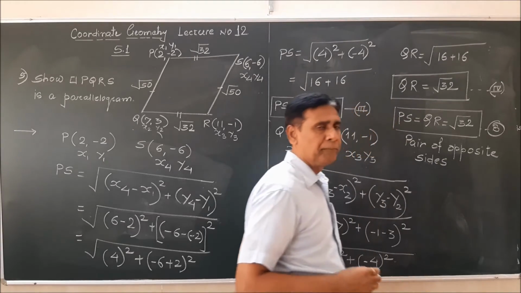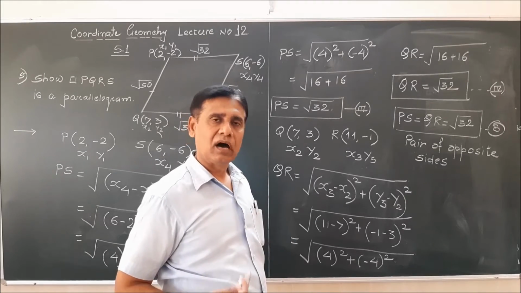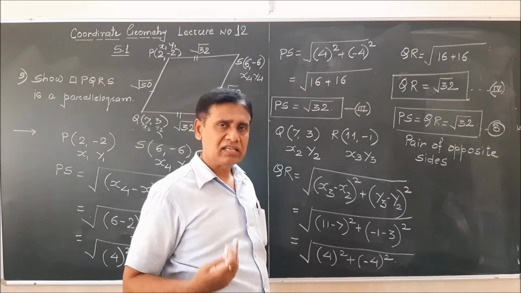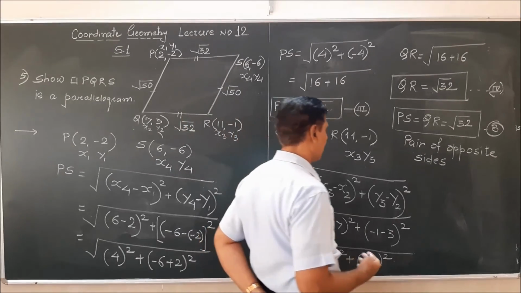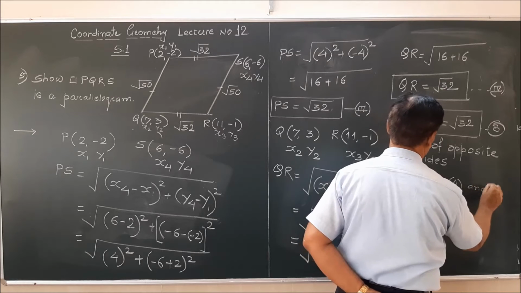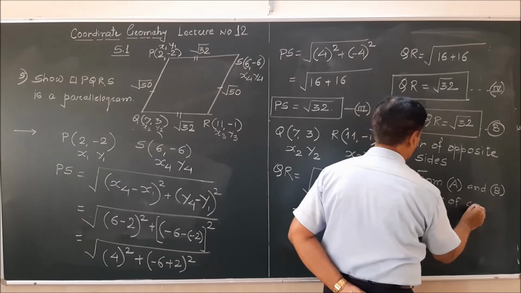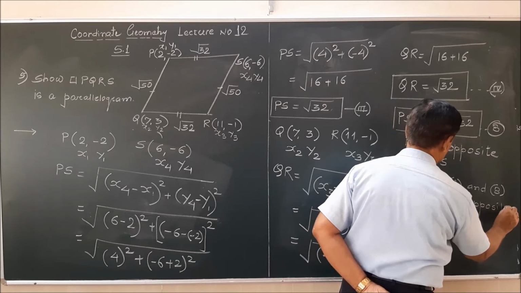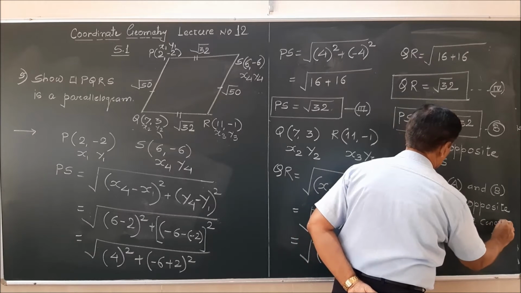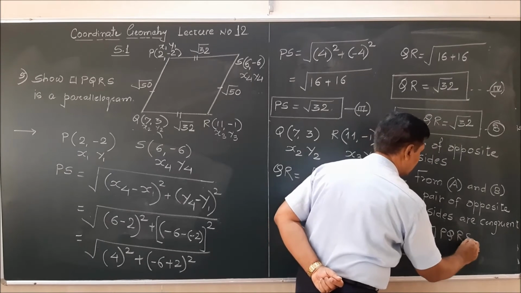Now I will say, since the pair of opposite sides from results A and B are equal, or we can say they are congruent, therefore quadrilateral PQRS is a parallelogram.